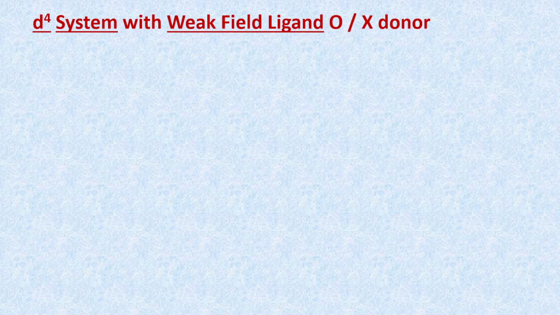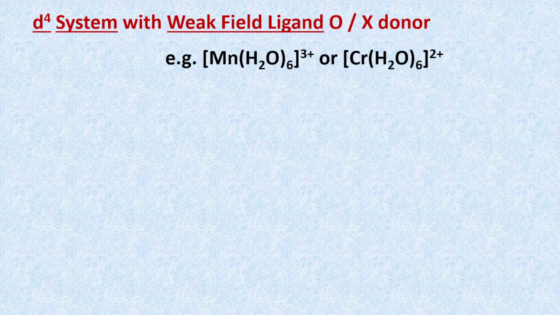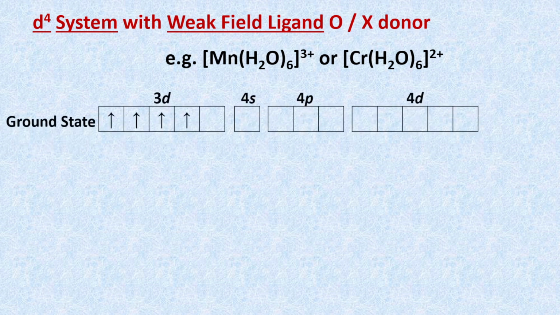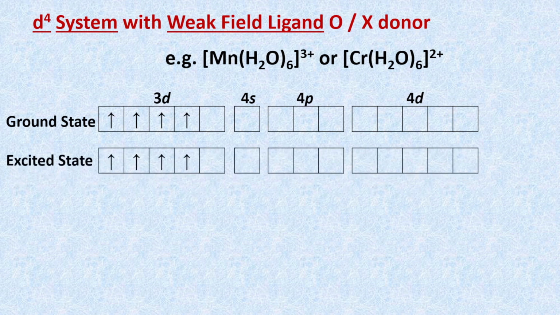D4 system with weak field ligand like oxygen or halogen donor. Example: hexaaquamanganese(3+) or hexaaquachromium(2+). This is also a manganese complex and its oxidation state is also +3. The ligands in this complex are oxygen donors, so the excited state remains the same as the ground state.